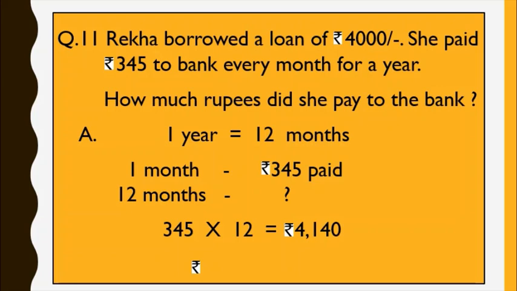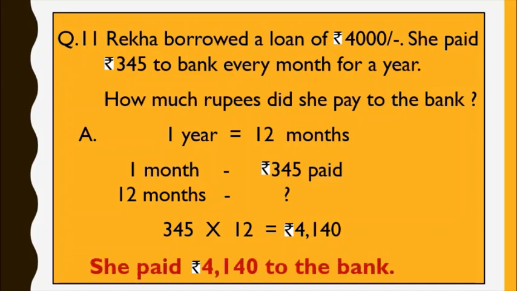So in 12 months how much money she had paid to the bank? So again same thing, cross multiply and divide. So I'm going to cross multiply 345 multiplied by 12. I'll get the answer as 4140. Now this 4140 I'll divide by 1. So I'll get the same number, that is 4140.